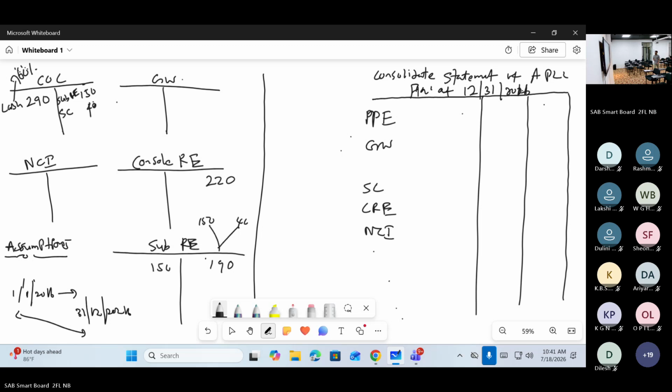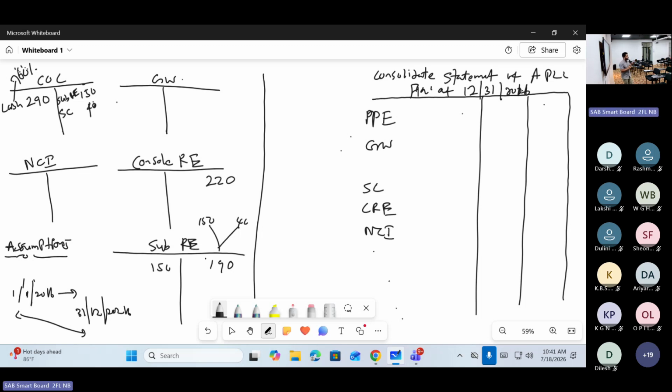How did it come? Retained earnings 150, stated capital 40, altogether 190. 190 is the net asset value, the book value.